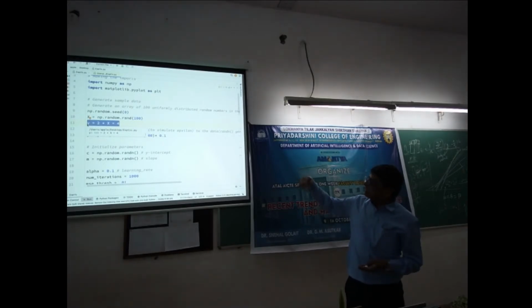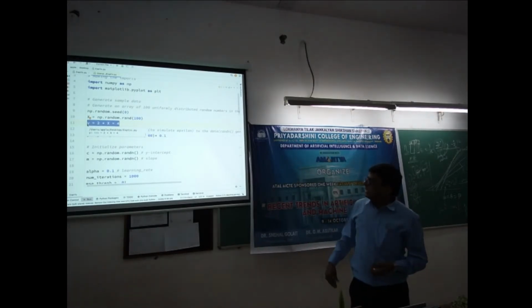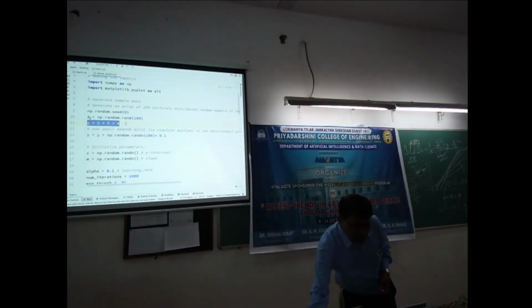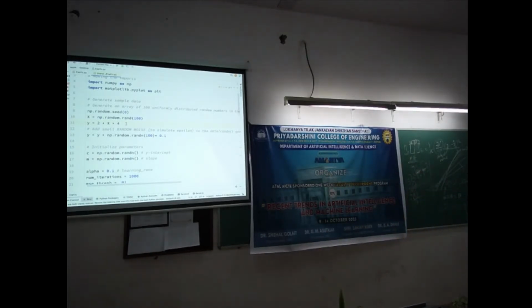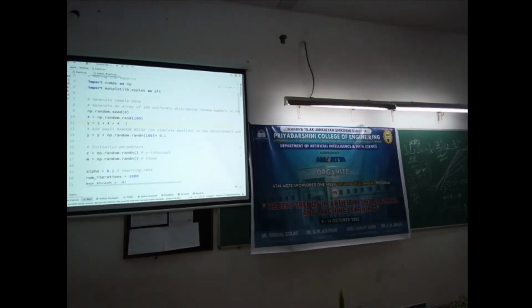But here I am generating it randomly. Actually I am trying to hit the line y is equal to 2x plus 4, and when I finally find out, I will show you that my m is 2 and c is 4.